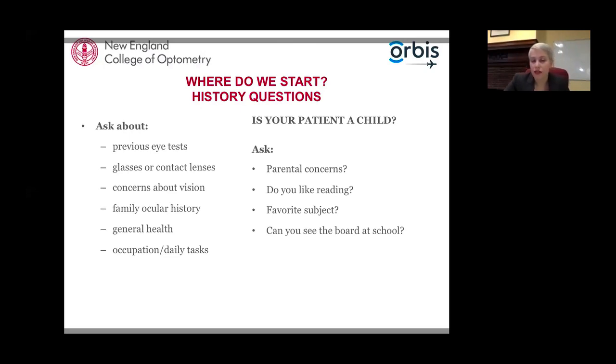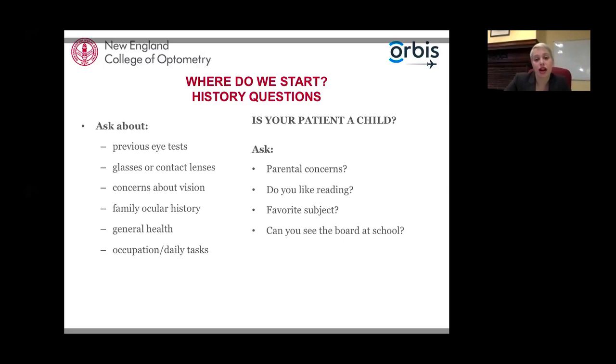So we're looking out for big ticket items like diabetes, high blood pressure, heart concerns, anything that we would be thinking about referring. And also a really good idea is to ask about someone's occupation and their daily tasks. It's one thing getting someone a pair of glasses, but if they don't suit what this person does on a day-to-day basis, then they're not going to be used, and we haven't actually addressed this patient's concerns at all.